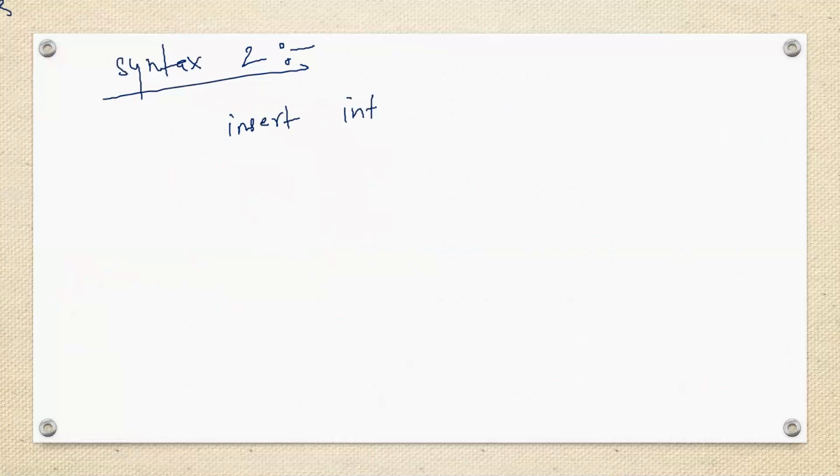Now that was just one syntax of insert into. What if I don't want to mention the names of columns? I can use another syntax. Yeah, I can write the answer. Insert into, then table name, and after it, values.